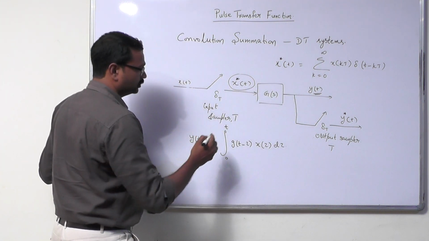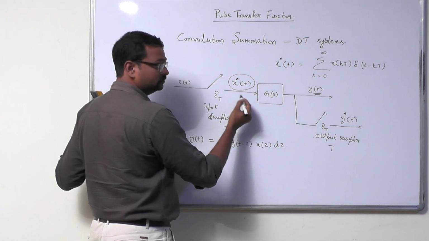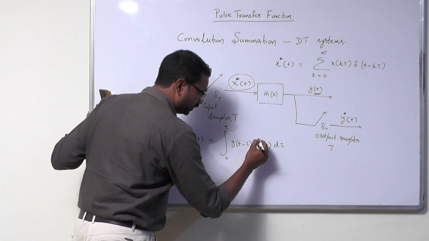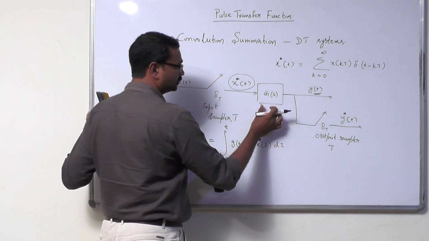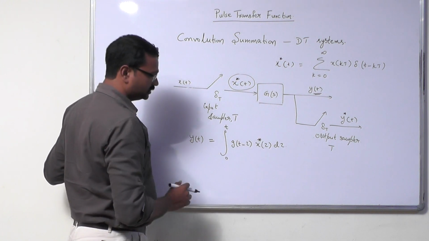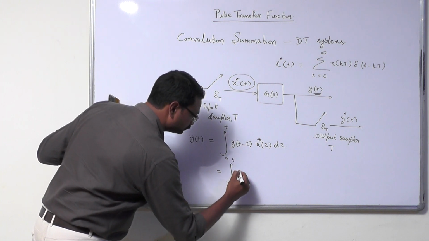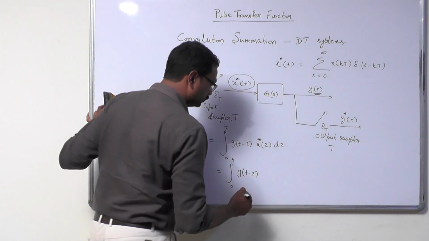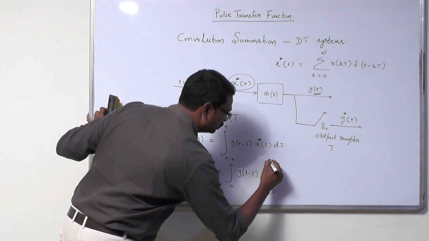So when you are going for this, we are having y of t as the convolution of g of s and x star of t. Therefore, I will put x star of t here, because y of t is the product of g of s and x star of t. So when you are convoluting these two signals, you can replace g of t minus tau, x star of tau with sigma k equal to 0 to infinity.